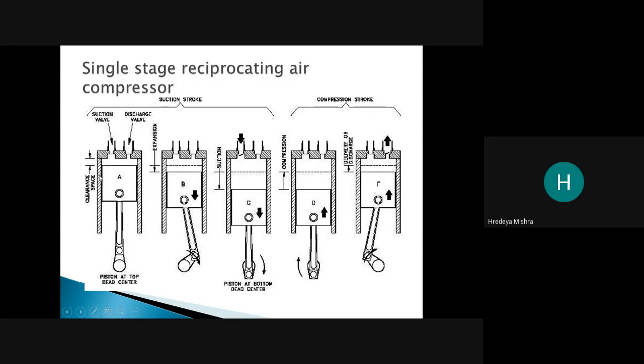See here in this diagram, three diagrams are shown. The first is the suction stroke. So what happened in the suction stroke? The piston is moved from top dead center to bottom dead center. Okay, now air is sucked in by this much, and again the piston moves from bottom dead center to top dead center.